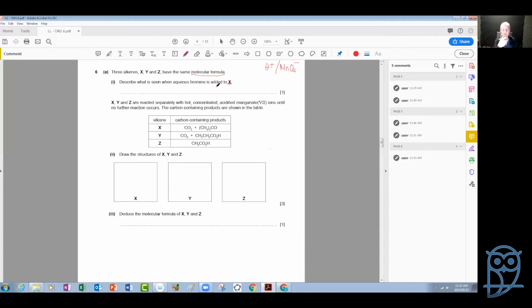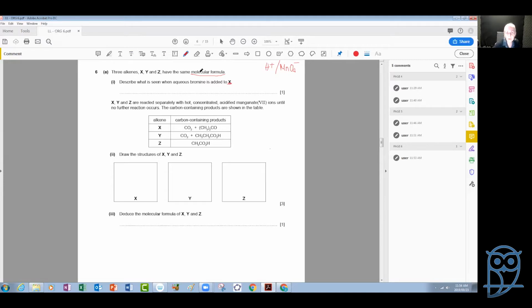Bromine will be added to the alkene, and it will become a halogenoalkane, and the bromine water will change from this yellowish brown that it is to colorless. So if we see the change from the yellowish to orange color into colorless, we know that this was an alkene, an unsaturated hydrocarbon, in other words. So the decoloration of bromine water is a common test to test if a compound is unsaturated or not.